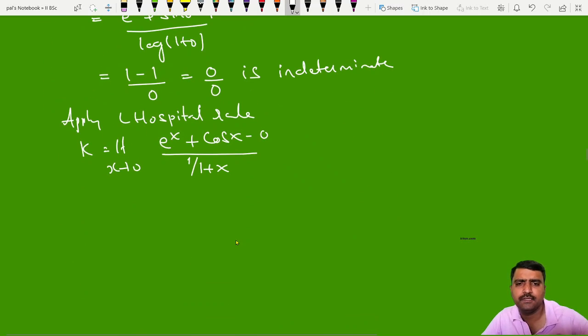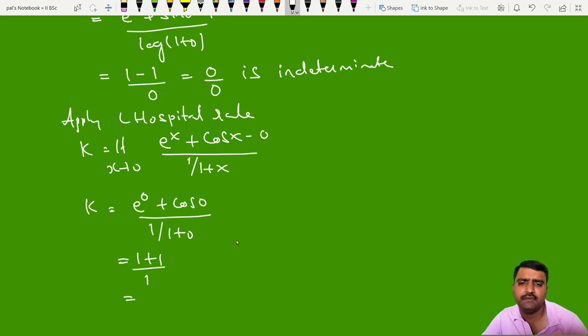Now you apply the limit. ಇದಕ್ಕೆ ಲಿಮಿಟ್ ಅಪ್ಲೈ ಮಾಡಿದ್ರೆ ನಮಗೆ k is equal to e power 0 plus cos 0 divided by 1 by 1 plus 0. So here the denominator is 1. In the numerator it is 1 plus 1 divided by 1, which is equal to 2. So therefore the limit value k is equal to 2.